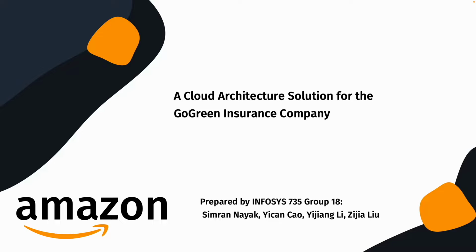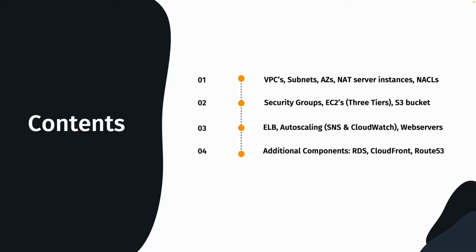We will present a cloud architecture solution for the Go Green Insurance Company. In what follows, this solution has been divided into 4 sections. Firstly, we will show the configurations of VPC, subnets, and AZ, NAT server instances, and network ACL.